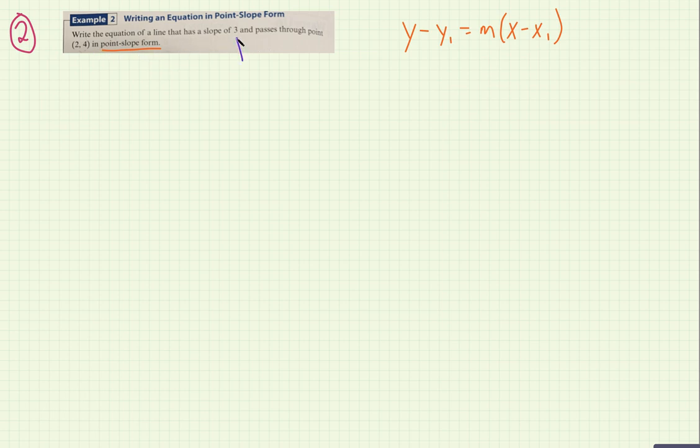That's easy enough. We have a slope of 3, so that's our m. Here's our x1, and there's our y1. So y minus 4 equals 3 times x minus 2.